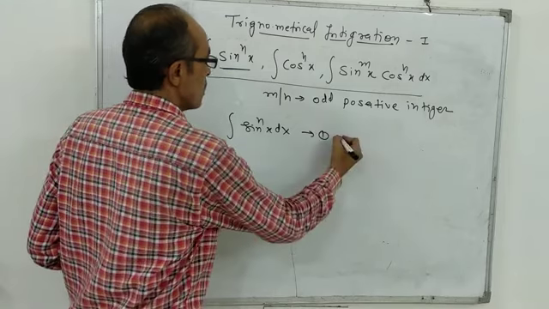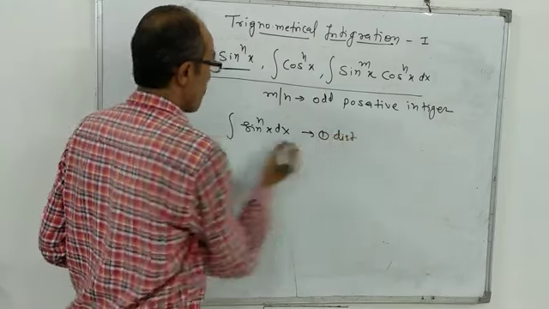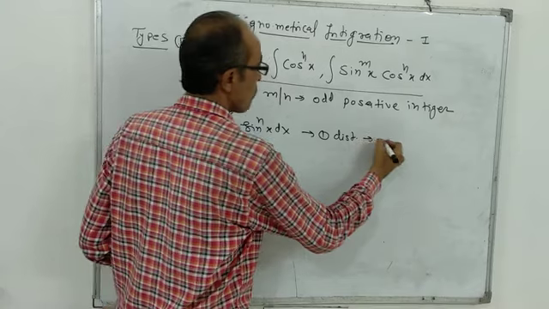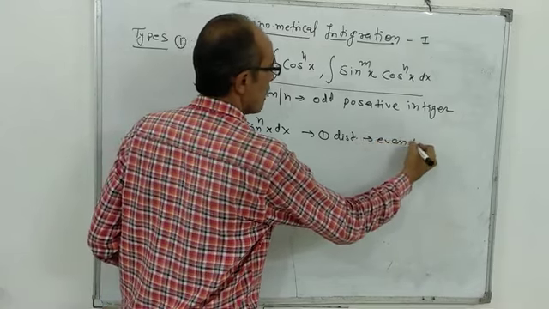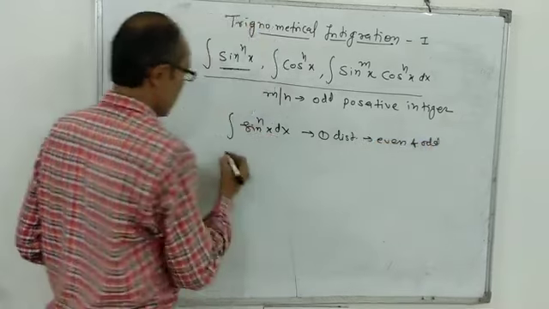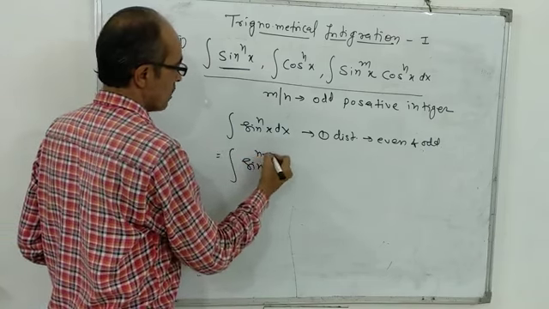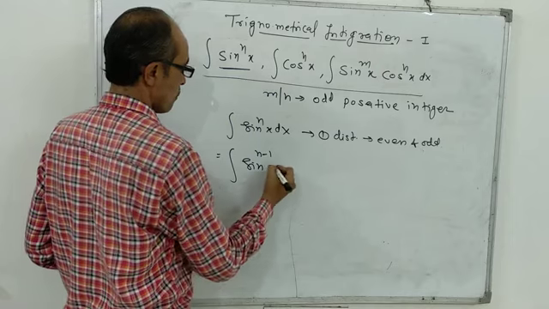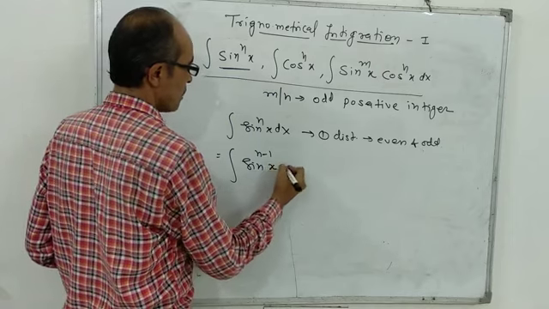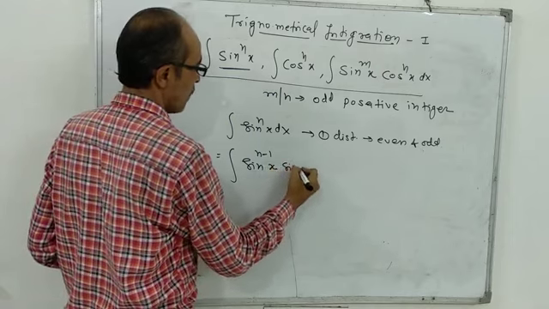The first rule is to distribute the given power into even and odd, so that the integral changes into sin^(n-1) x and the multiple is sin x dx.